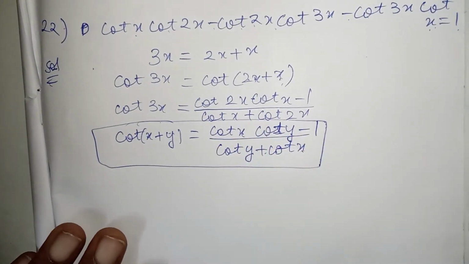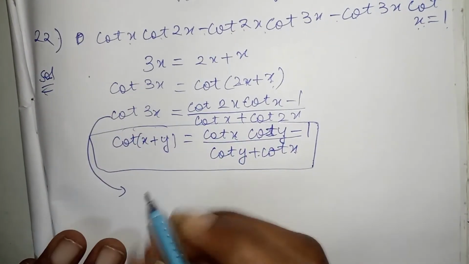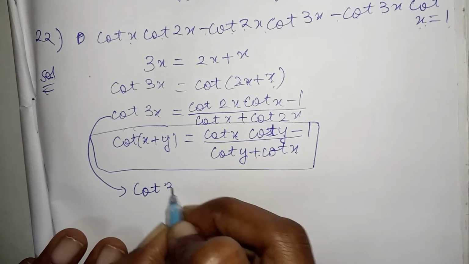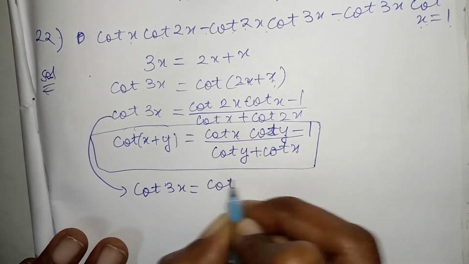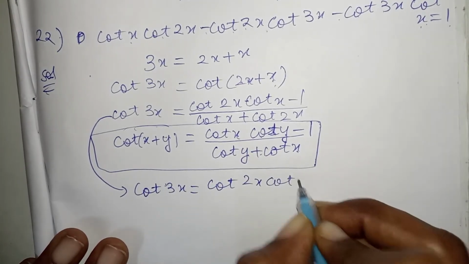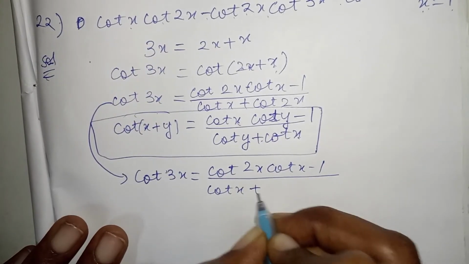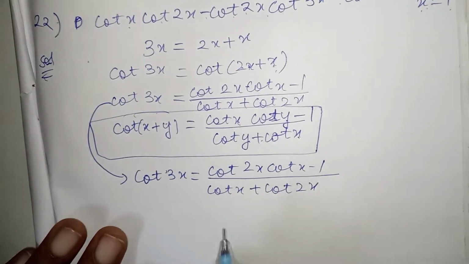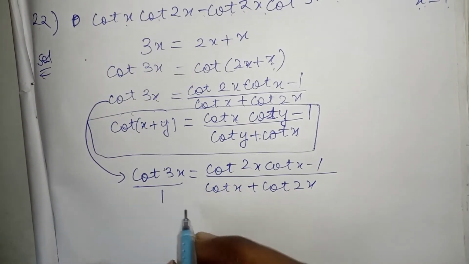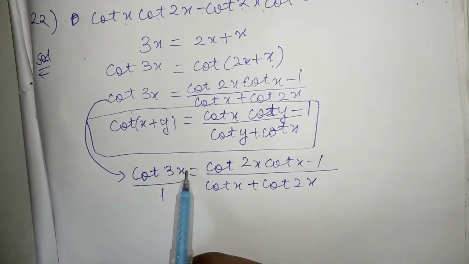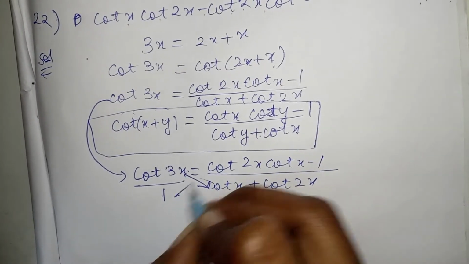So we have applied the formula. Next, just write cot 3x as it is. So what you are going to do now is cross multiply. So just multiply cot 3x into this, like this.